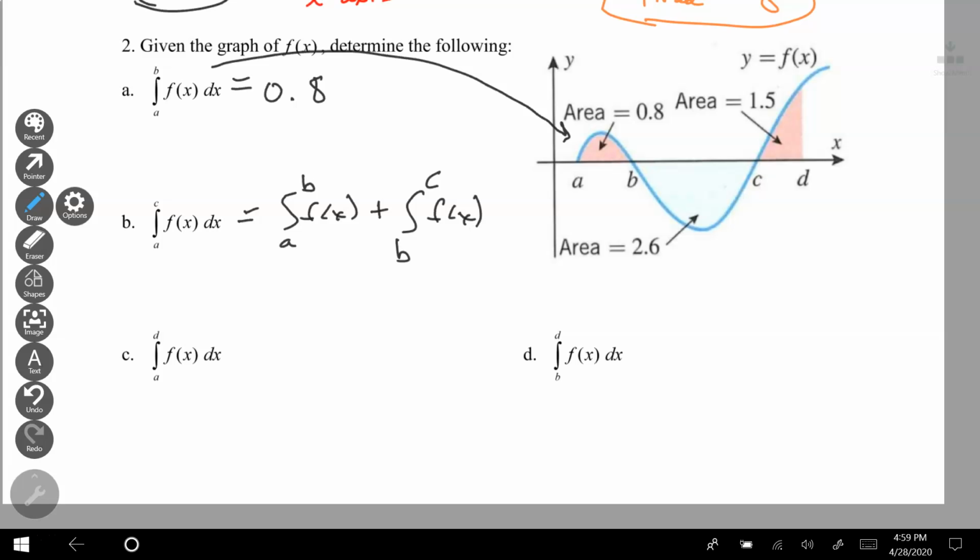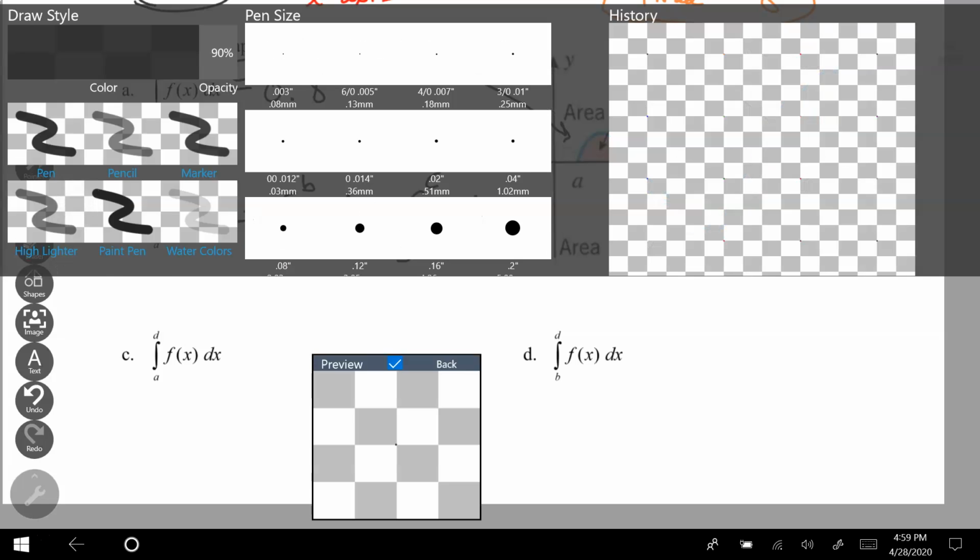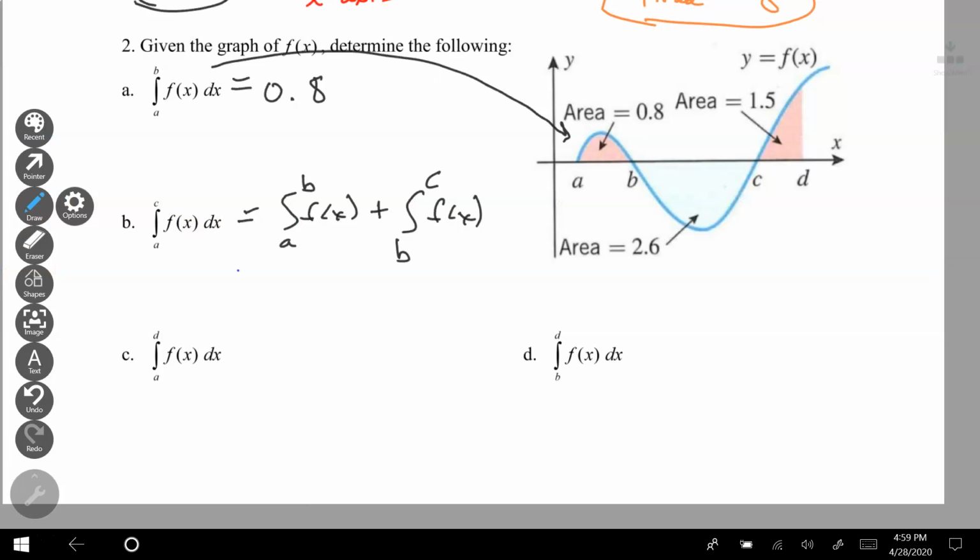I can split it up into 2 parts by adding them together, and I get, well, this area from A to B, which we already did, was 0.8, and from B to C, that area is right here, and that is -2.6 because it's below the x-axis.